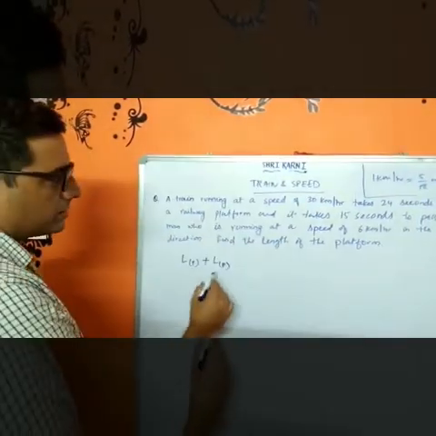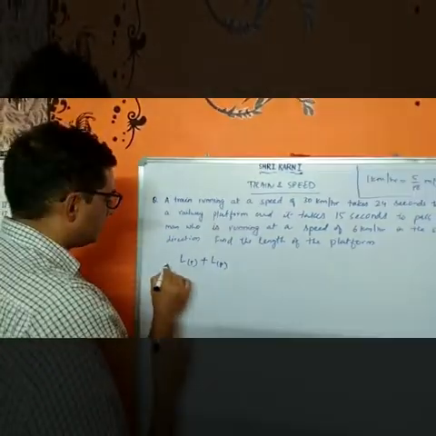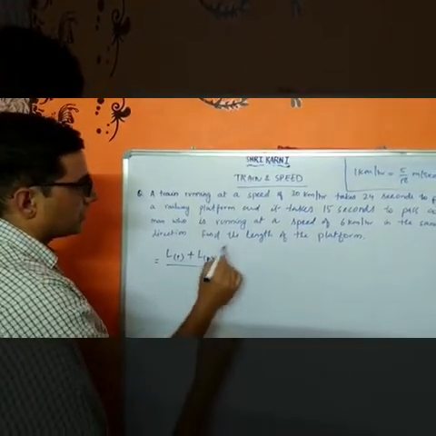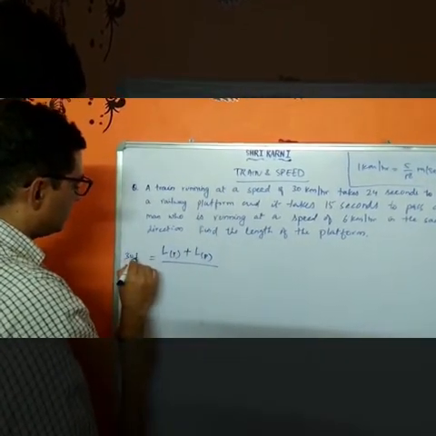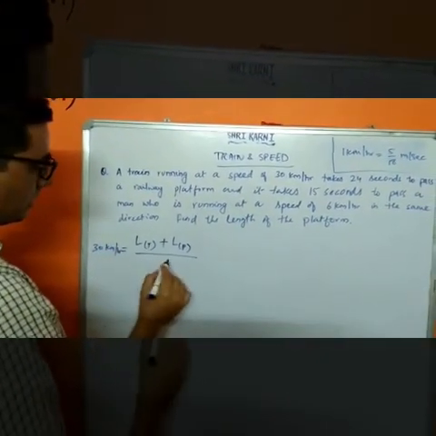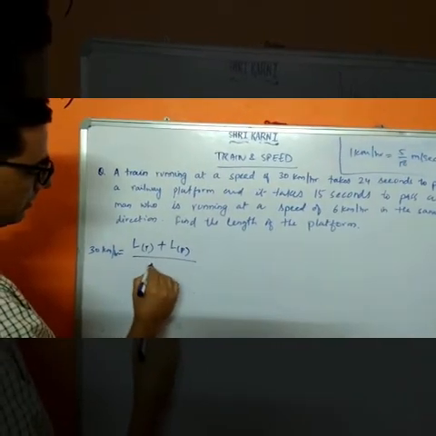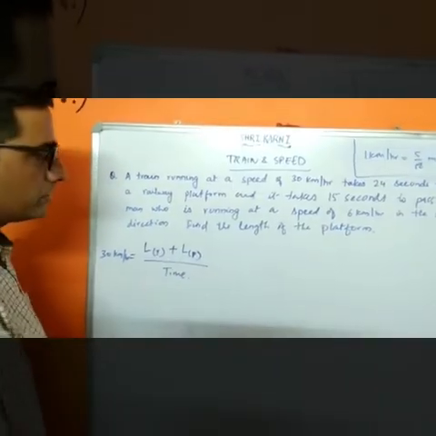So this is the distance traveled by the train, and the speed is 30 km per hour, and the time is 24 seconds.